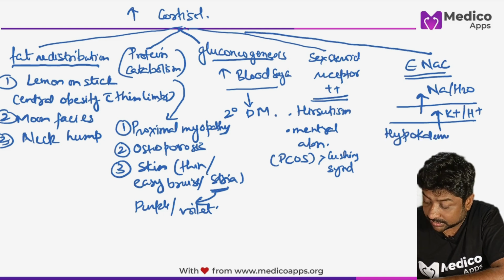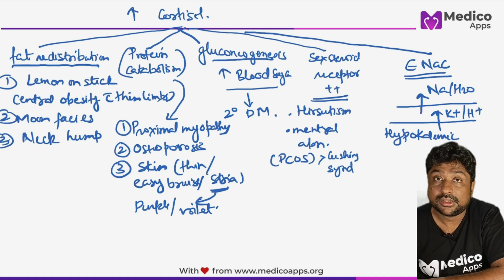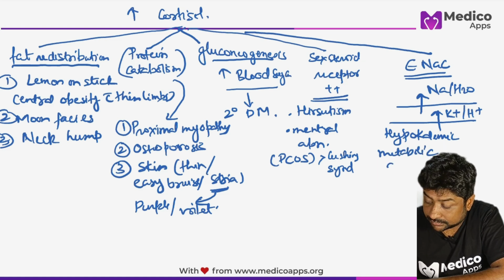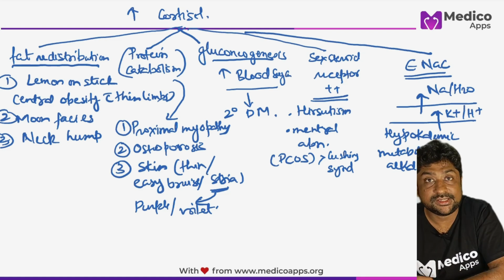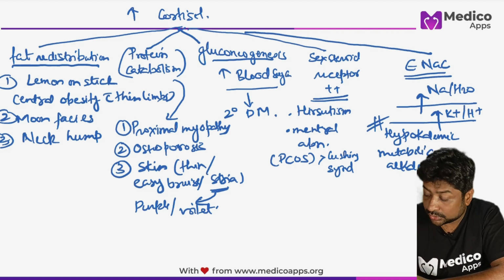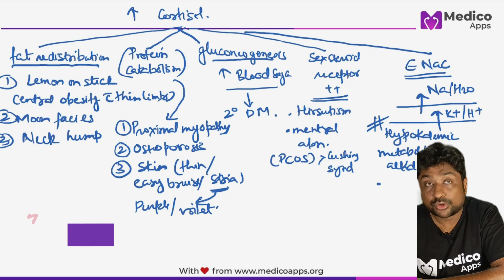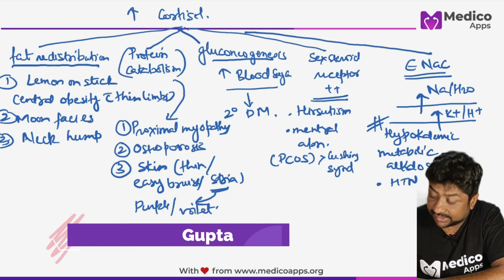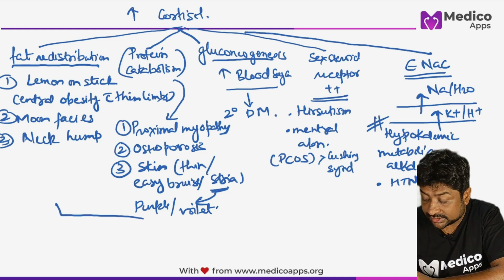So, they will be hypokalemic, and because even in the urine hydrogen ions are excreted, they will be metabolic alkalosis, like you see in Conn's disease or hyperaldosteronism. So, there will be hypokalemic metabolic alkalosis, and because water is retained with sodium, you will also have hypertension develop. Okay, so these are various features.